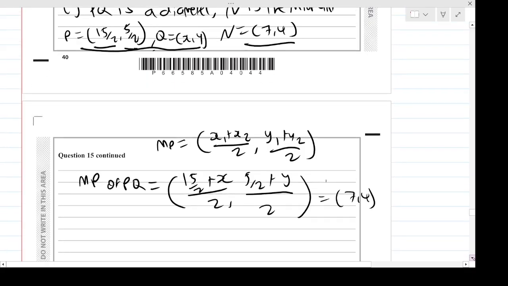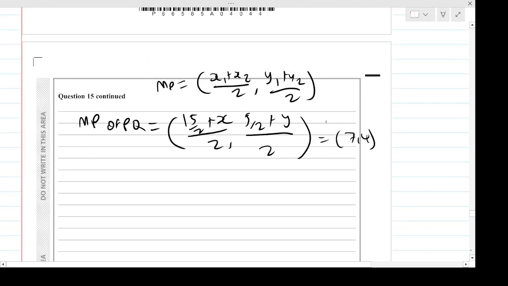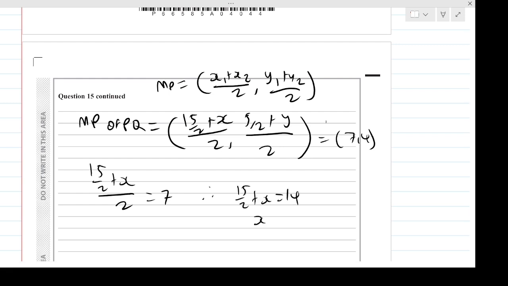And so very quickly, we can compare and say that 15 over 2 add x over 2 equals 7. If we times by 2, then 15 over 2 add x is 14. So x is 14 take away 15 over 2, which is 13 over 2.